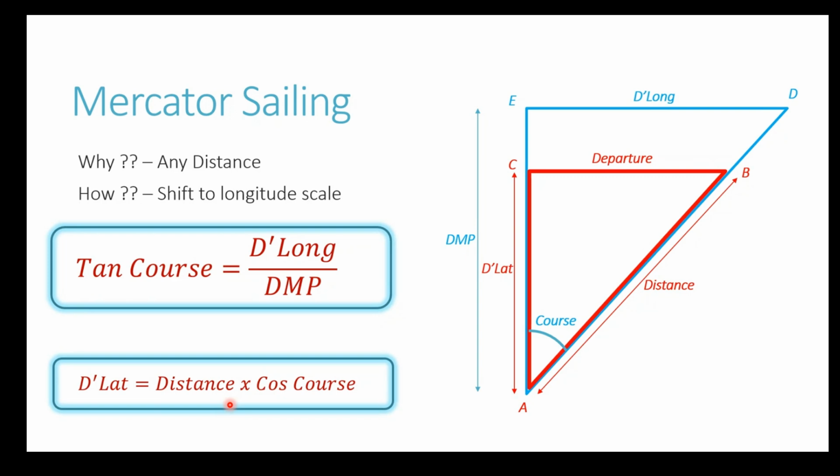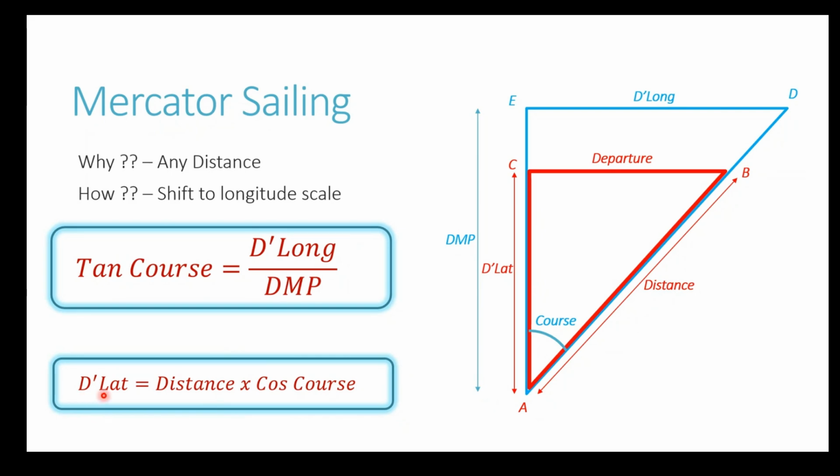Now, one important thing here: as far as trigonometry and mathematical calculation are concerned, you could have used the departure formula also. Departure is equal to distance sine course. So you can put in the value of departure and the value of course, and the distance would be known. But we do not use that as far as navigation is concerned. Why don't we use that? Because departure as a quantity is not actually present on our chart.